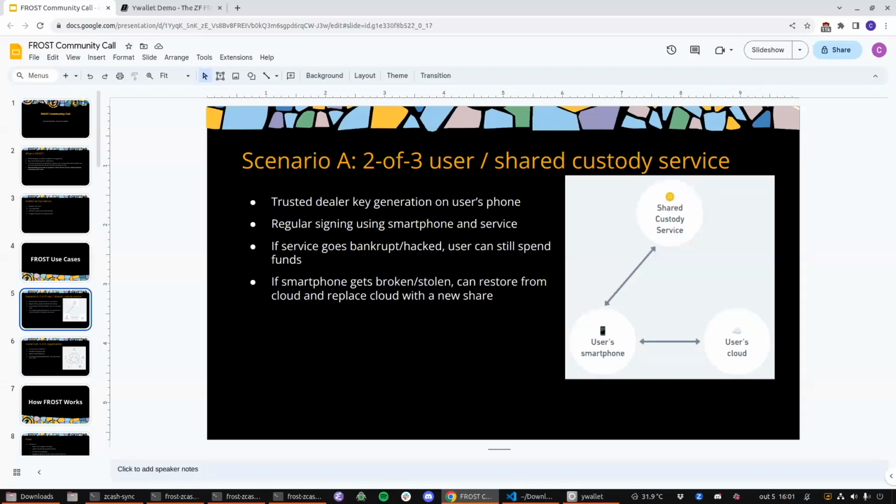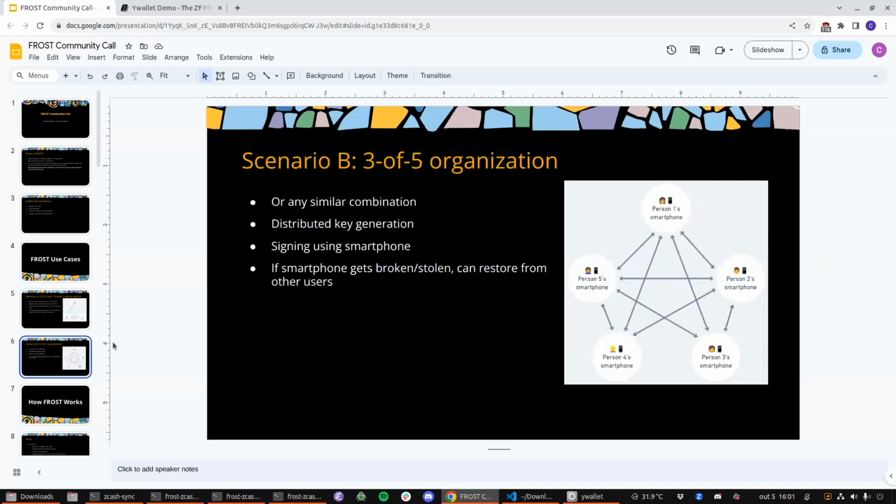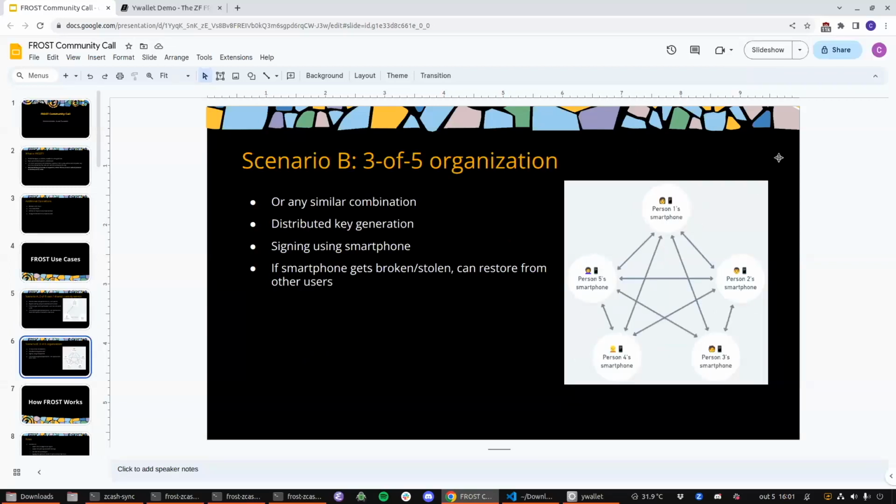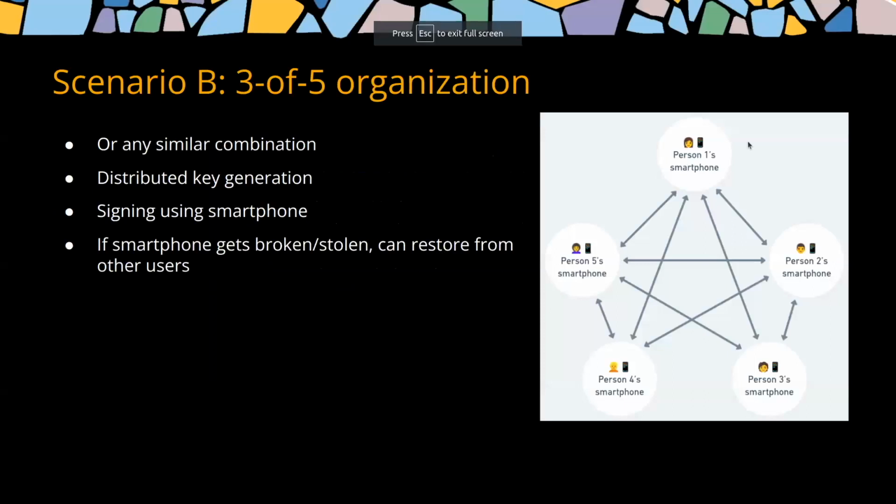I'm going to jump in really quickly. Do you mind going to the next scenario, B? I think what's not shown on this slide is you still need that coordinator role, right? You still need some way for messages to be passed among all of those users, unless you know some fully mesh system that I'm not aware of.